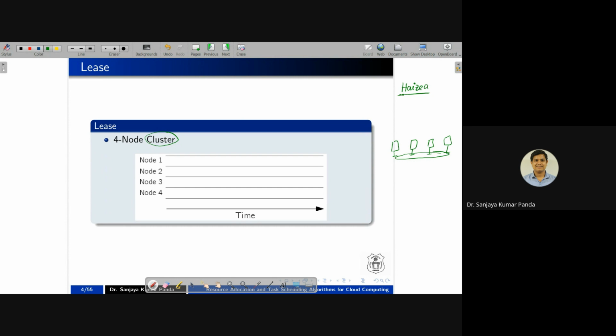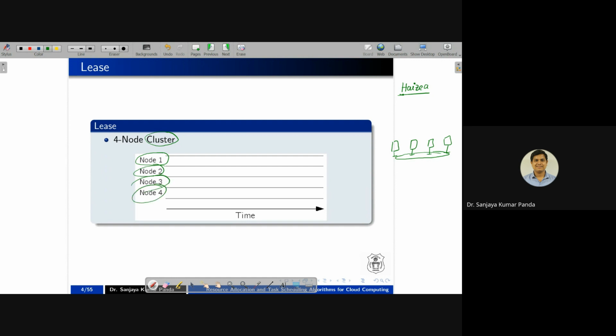That's why it is called a cluster. They are identical to each other, right? So here you are given a 4 node cluster. For easy representation, we consider node 1, node 2, node 3, and node 4. But all the nodes are equally capable. If a task is done by node 1, the same task can be done by node 2, node 3, and node 4 respectively.